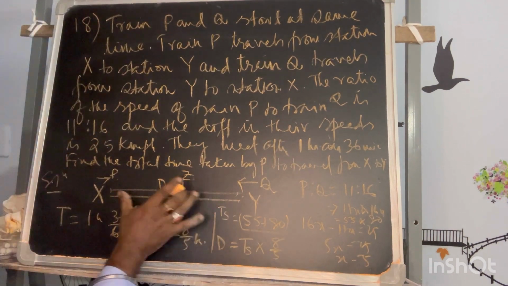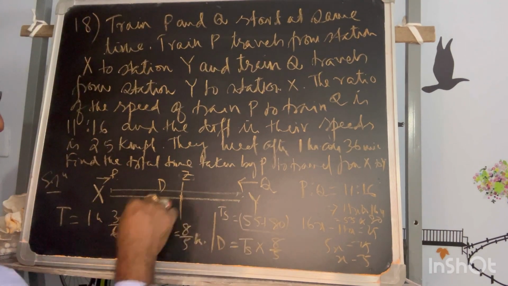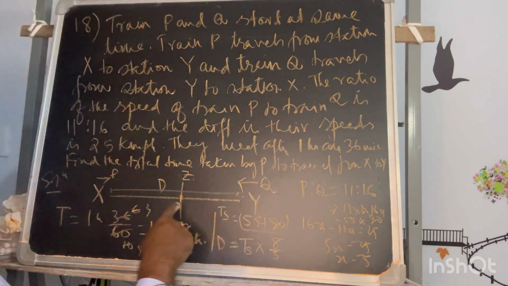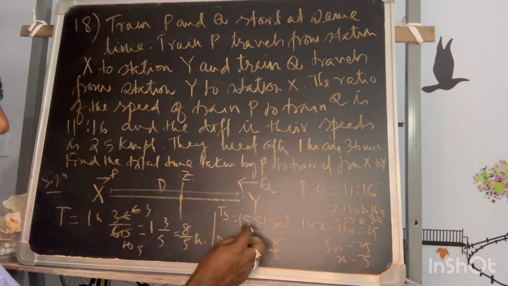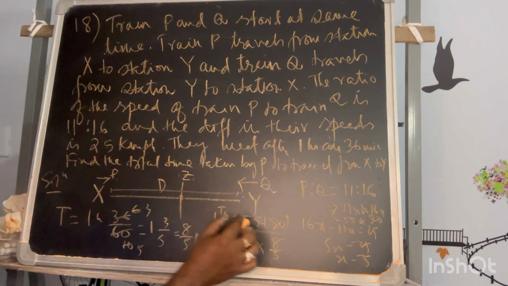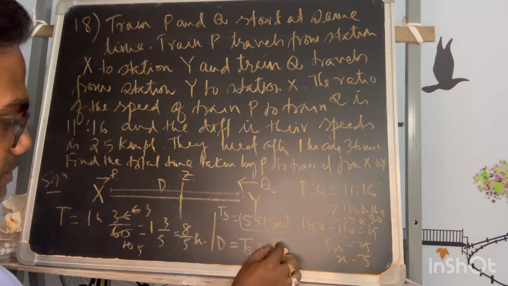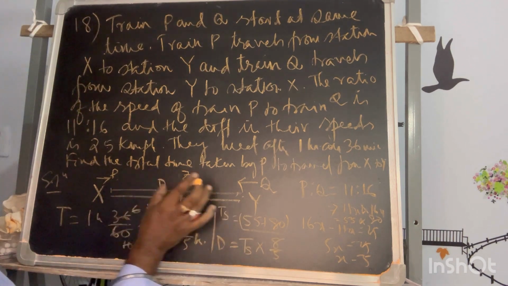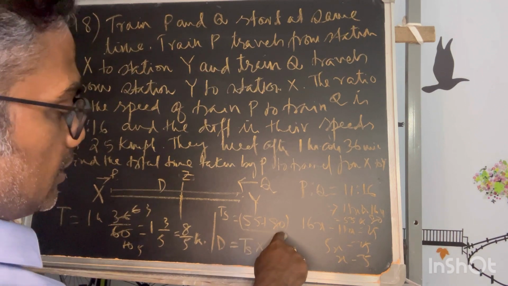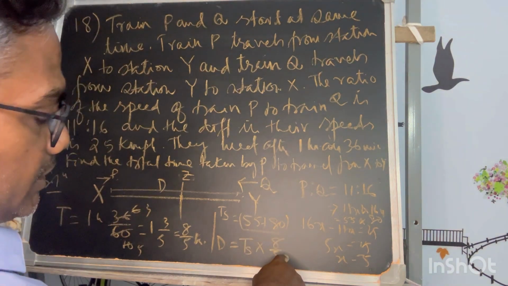So that is being covered by both together and meeting at some point. So you understood, because if I individually calculate this speed in the time, this much distance, that speed in the time, this much distance, all together this is the complete distance. So this distance can be calculated with the cumulative speed into the same time.